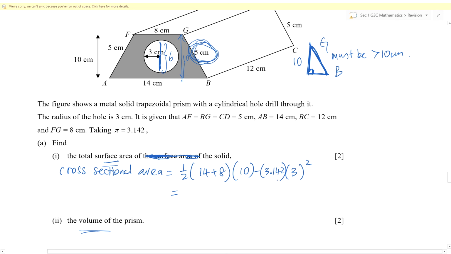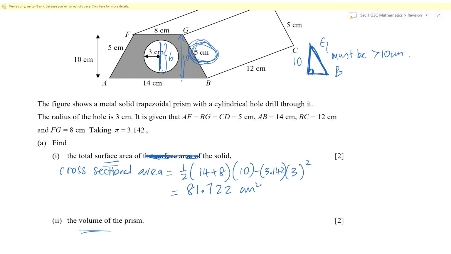And we should be able to get an exact value for this, which is 5 times 22 minus 3.142 times 9. 81.722 square cm.